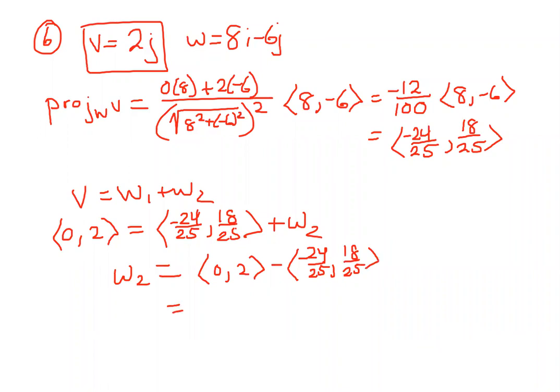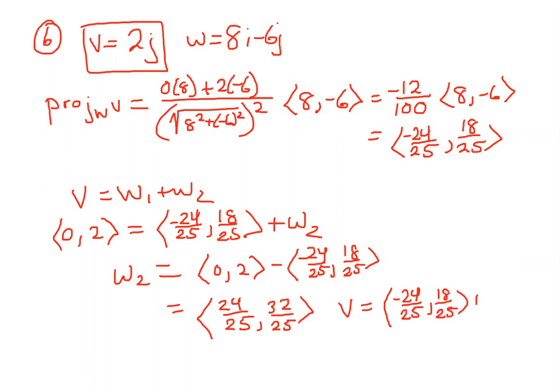So W2 should be 24/25, 32/25. And we can rewrite V as the sum of these two perpendicular vectors. See if I can fit it in here. Okay, that's what we're trying to do.